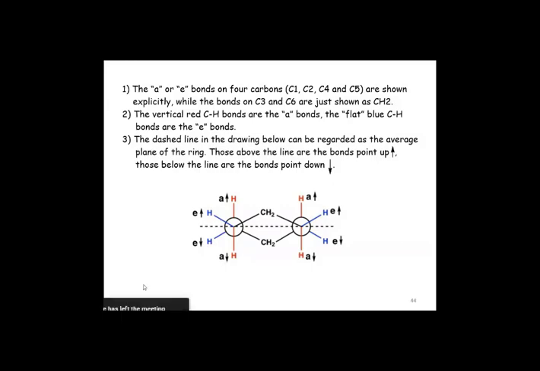Now, if we see this dashed line in the drawing, it can be regarded as the average plane of the ring. Those atoms which lie above this line are the bonds pointing up, whereas those lying below are considered as pointing down.